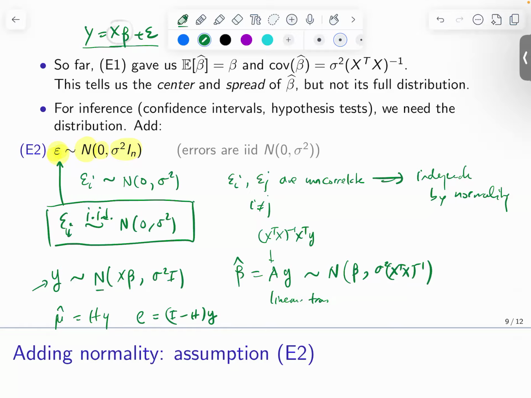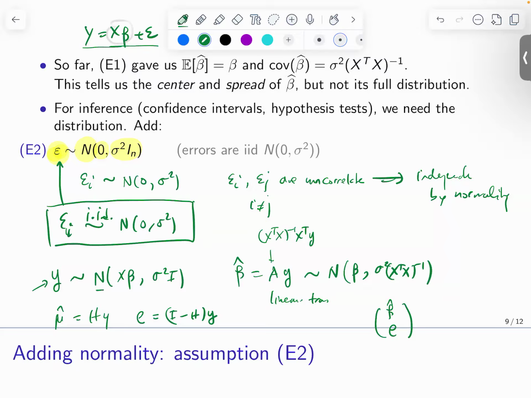Any linear combination of the elements of beta hat is going to be normal. If I look at beta hat 1 minus beta hat 2, that's a linear transformation of beta hat. So that would also be normal. The joint distribution of beta hat and e, as we'll see next time: if you stack beta hat and e on top of each other, this whole thing is going to be a linear function of Y. And so it's going to be, again, multivariate normal.